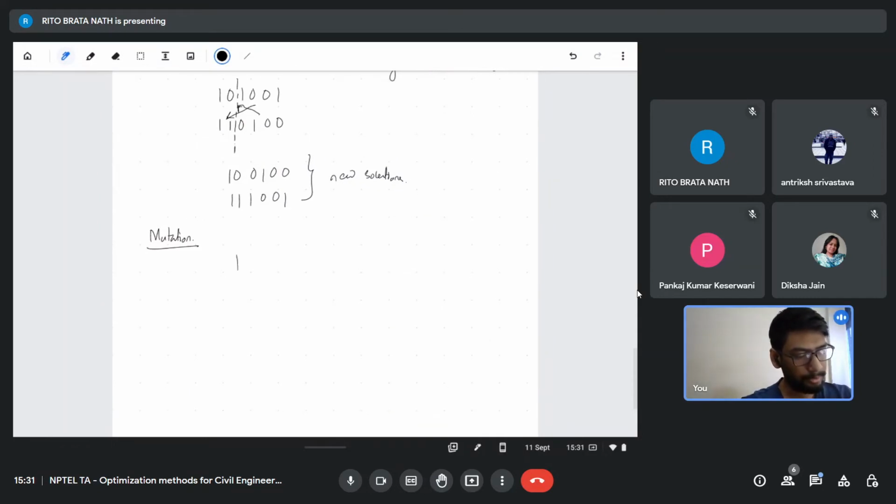Suppose I have a solution 1, 1, 0, 0, 1, 0, 1. Now suppose I tell you that the fourth bit in this problem has to be mutated.